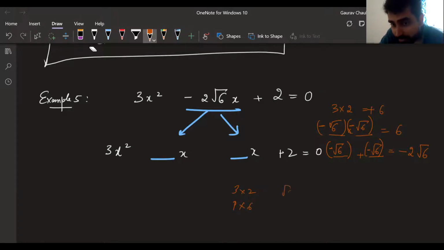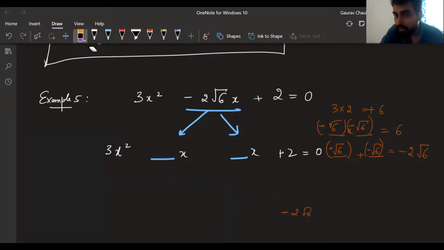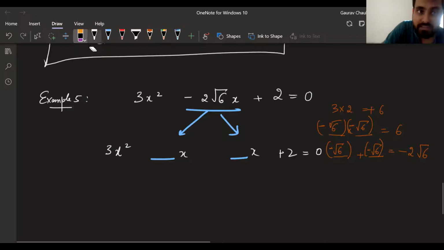But root 6 into root 6 can give me 6, plus when I add them, they will give me 2 root 6. So if I make minus root 6 into minus root 6, again plus 6 I'm getting, but when I add them, I'm getting minus 2 root 6. That's my thought process in all of this. So my splitting is done in this way.